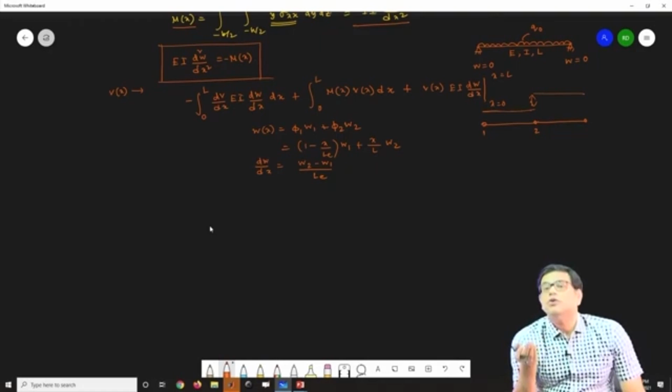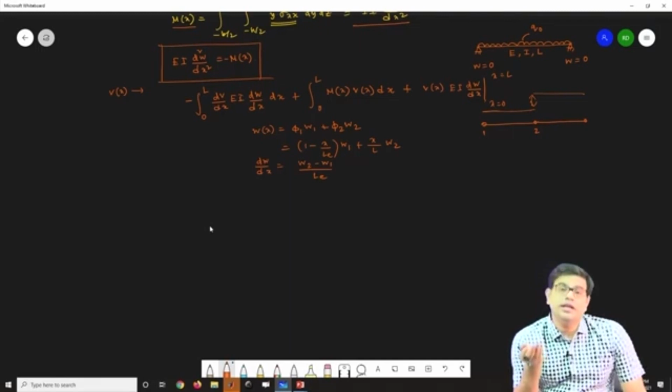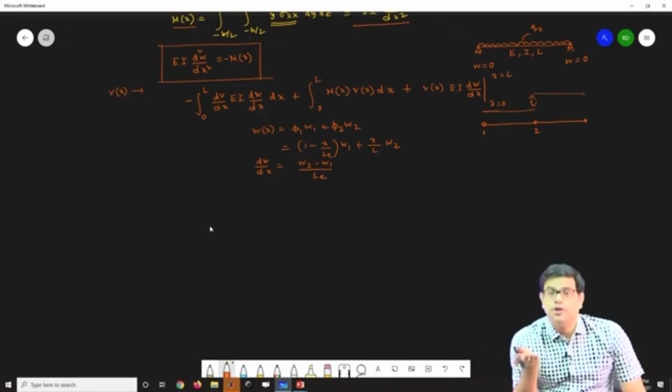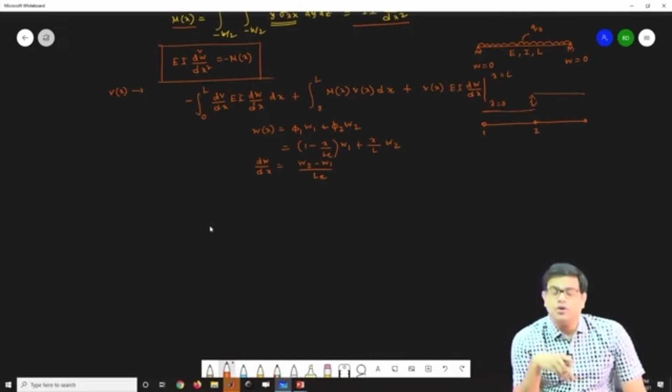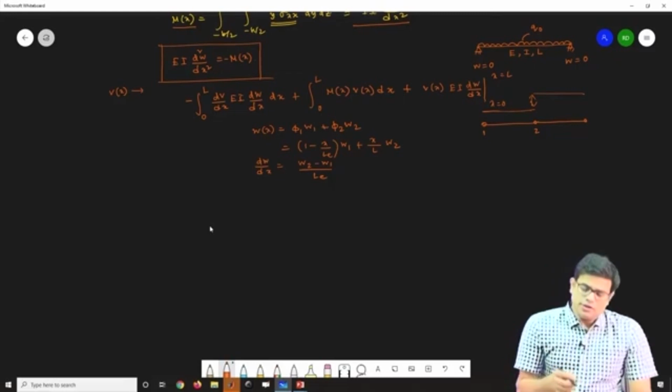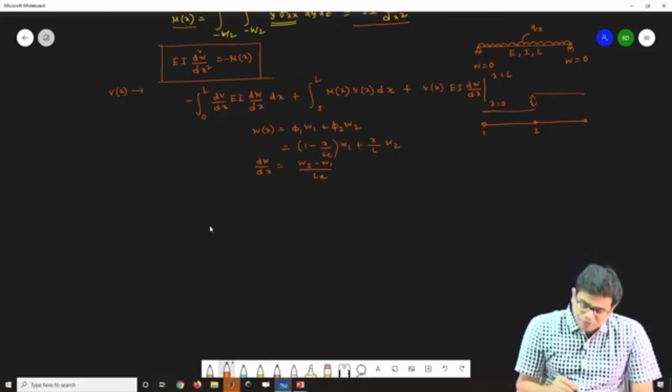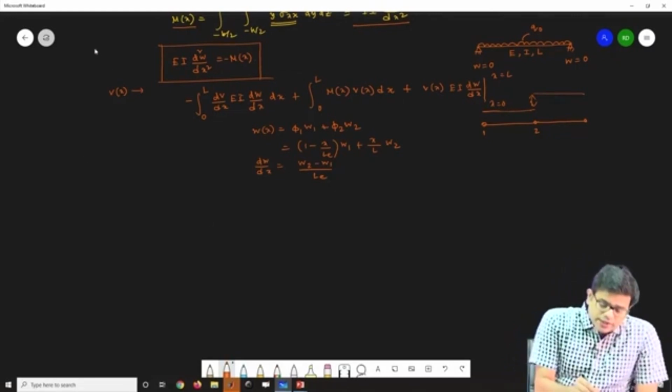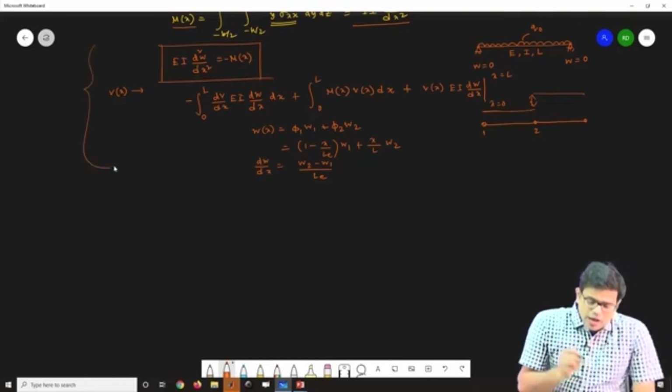So this is also possible certainly, but Euler-Bernoulli theory requires that the slope should be the first derivative of the displacement, which is not required for, for instance, the Timoshenko beam theory or the deep beam theory that we will be discussing later. So this is not the correct approach. So we understand this. So what will be the correct approach?